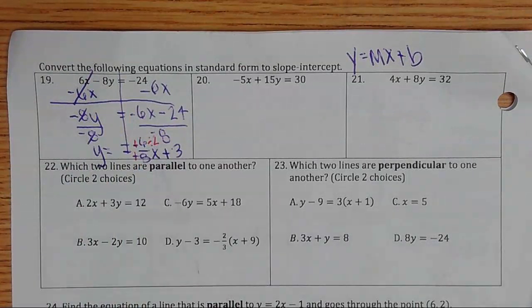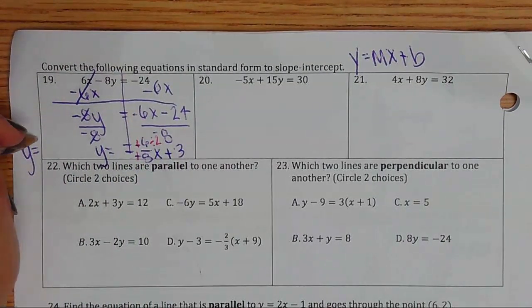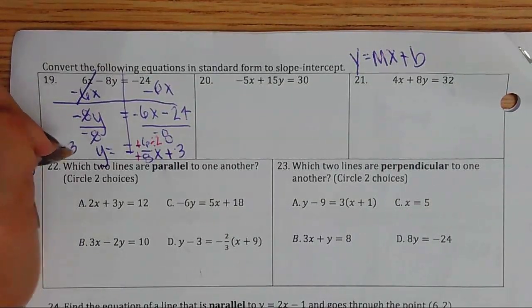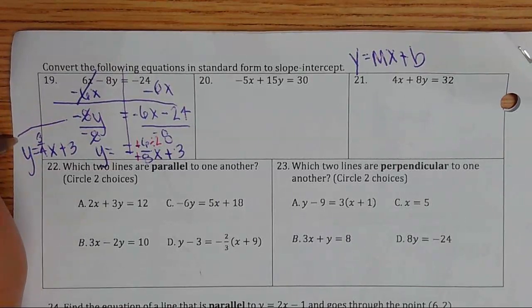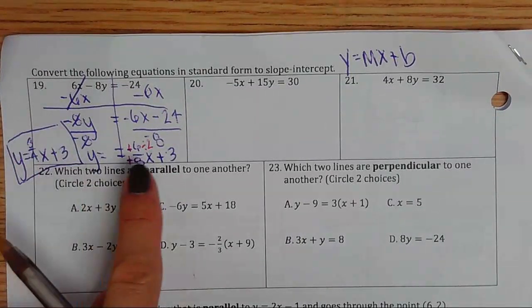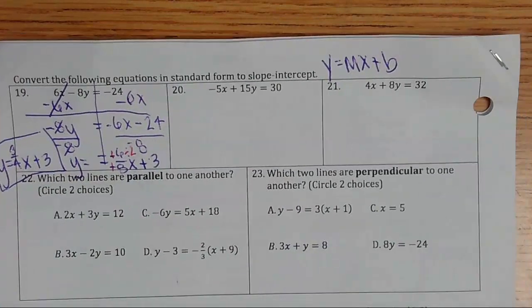So my answer, which I'm running out of room, is y equals 3 over 4x plus 3. Let me just make sure that that's right. Okay.